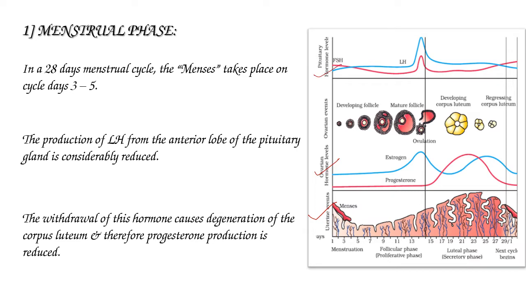Now let's see when the menstrual phase takes place. The menstrual phase takes place in the initial days, that is, out of the 28 days of the menstrual cycle, the first 3 to 5 days.